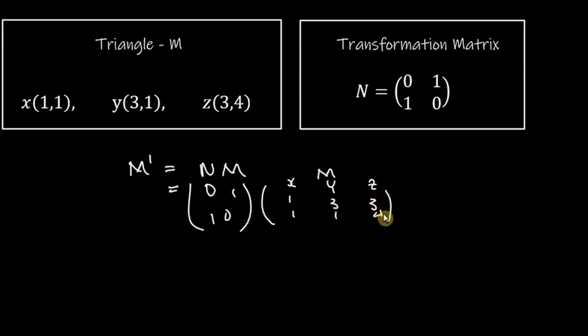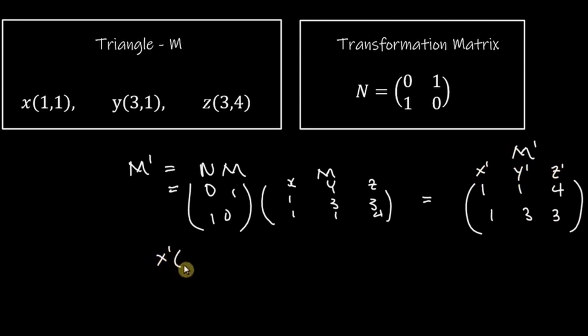So these are the two matrices that we're going to be multiplying together, and the answer works out to be 1, 1, 4, 1, 3, 3. That's for matrix M prime, and the image coordinates are X prime, Y prime, Z prime. So we could write X prime is 1, 1, Y prime is 1, 3, and Z prime as 4, 3.